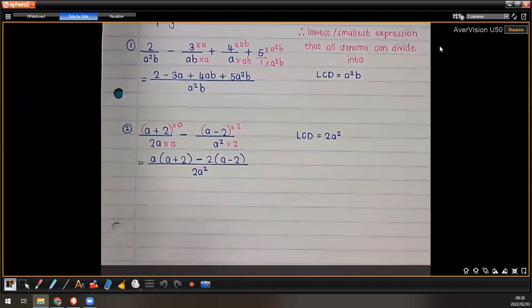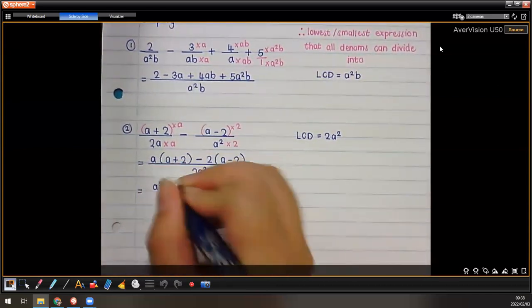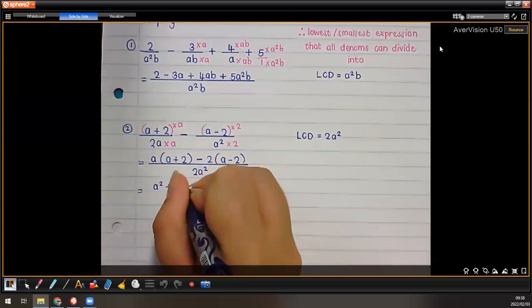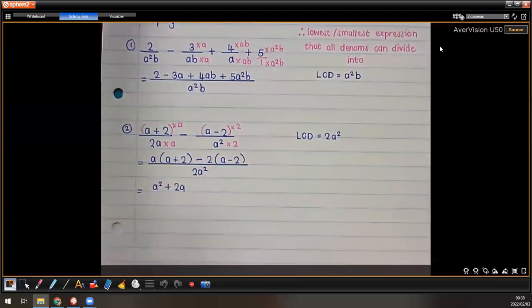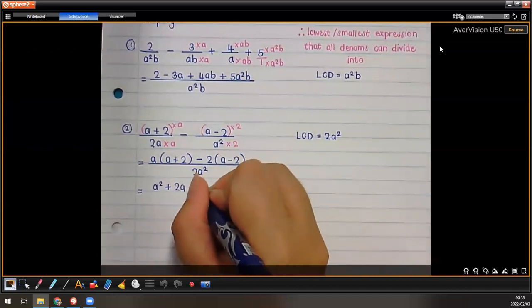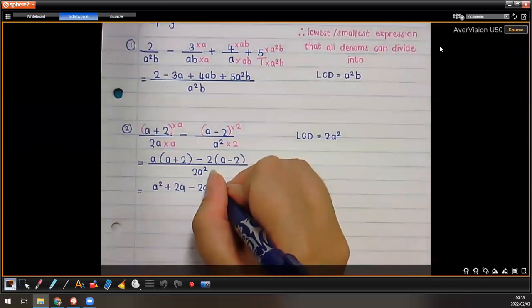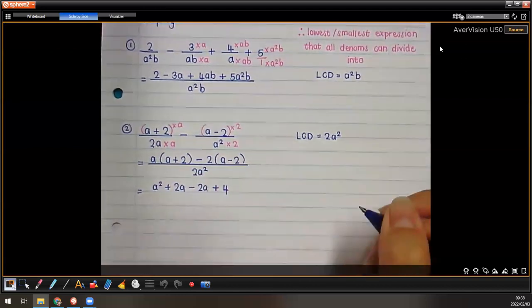And we do need to multiply those brackets out, because maybe if we multiply them out, we can simplify the numerator and we could possibly simplify this fraction even further. All right? So here, a times a is a squared, and a times 2 is 2a. Negative 2 times a is negative 2a, and negative 2 times negative 2 is plus 4.